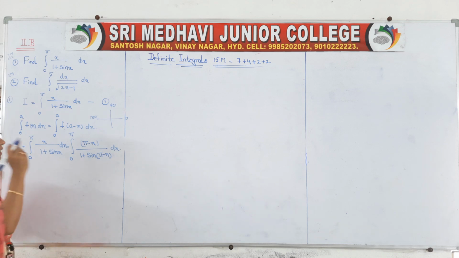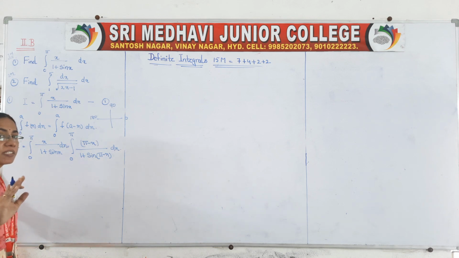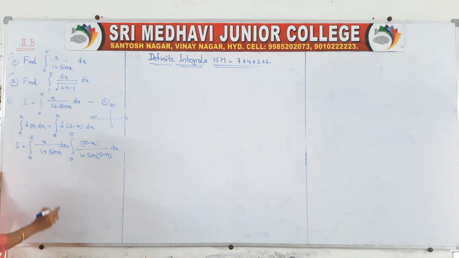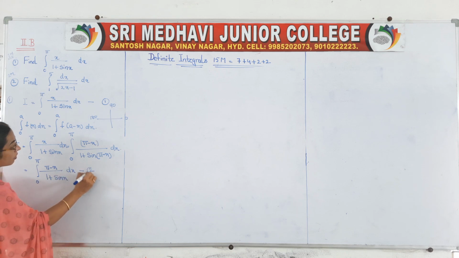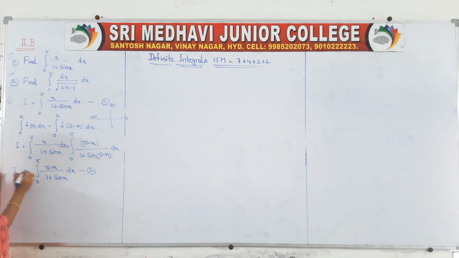In the second quadrant, sine is positive, sine and cosec. For 180 minus theta the ratio does not change. Sine remains sine only. So it is 0 to pi, pi minus x by 1 plus sine x into dx. This is your second equation.